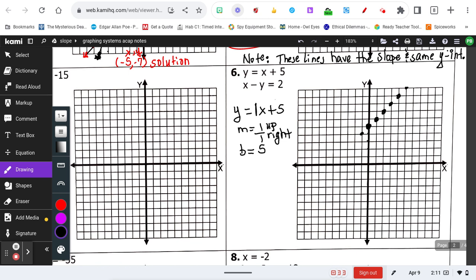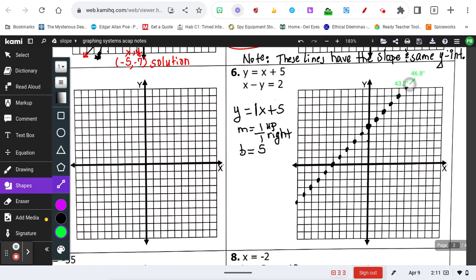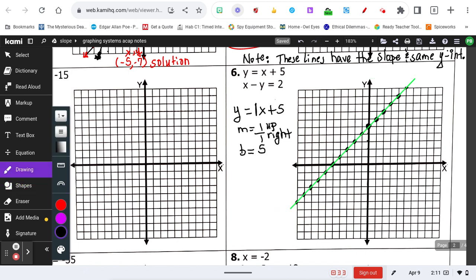You can go down 1 and left 1. And then I'm just going to connect the dots. There's my line.